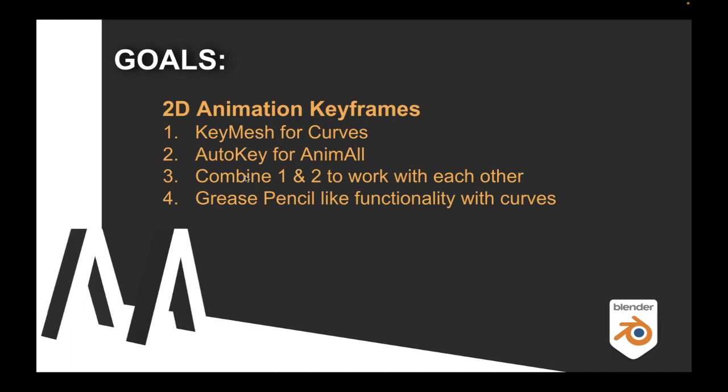So I need to merge those two together, including those improvements, KeyMesh working with curves and AnimAll working with auto key. And then additionally, we're trying to reproduce some grease pencil-like functionality.